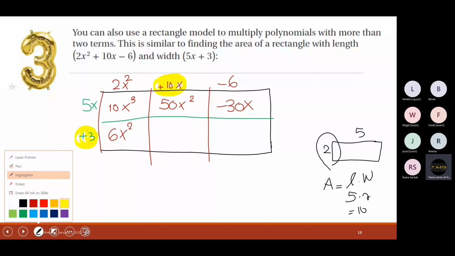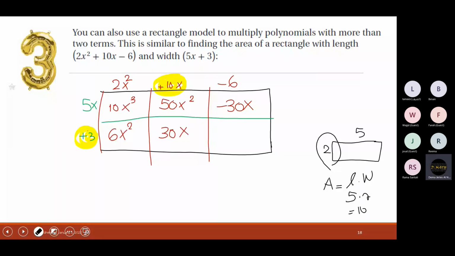And then I multiply negative 6 with positive 3, which is negative 18. So I will repeat now: I multiplied 2x squared with 5x, 10x with 5x, negative 6 with 5x, then 2x squared with 3, 10x with 3, and negative 6 with 3.